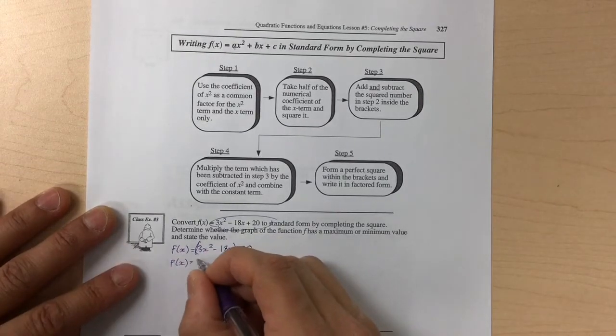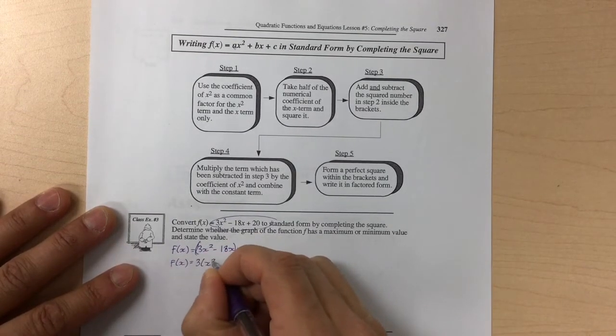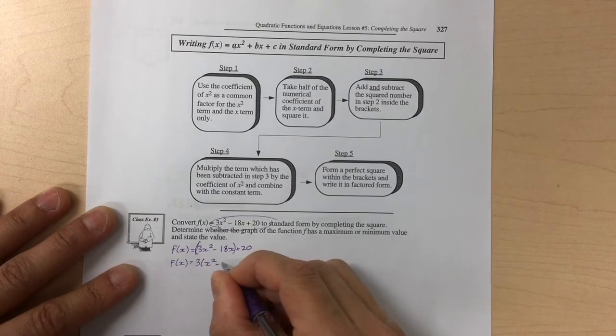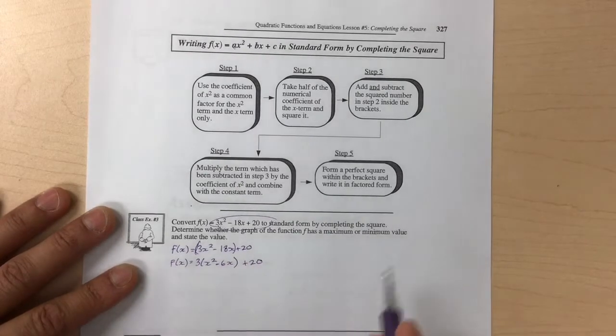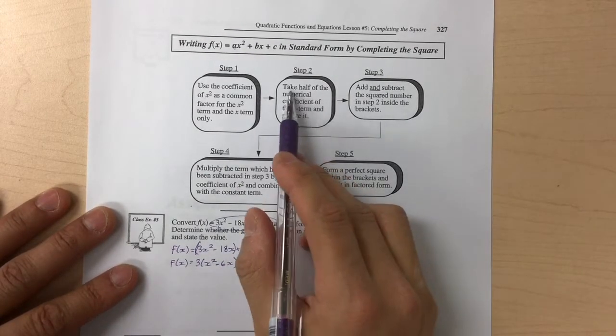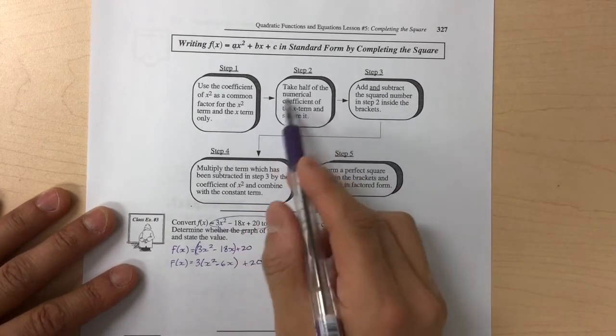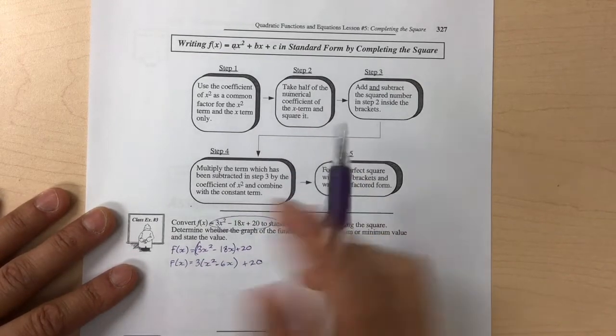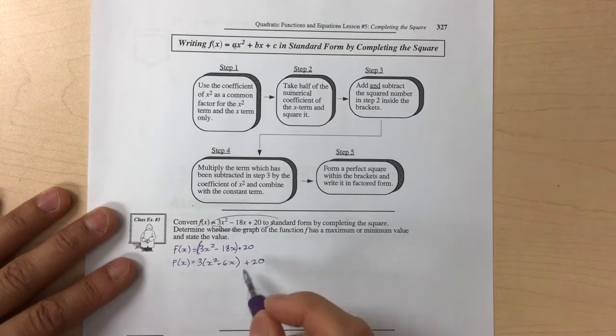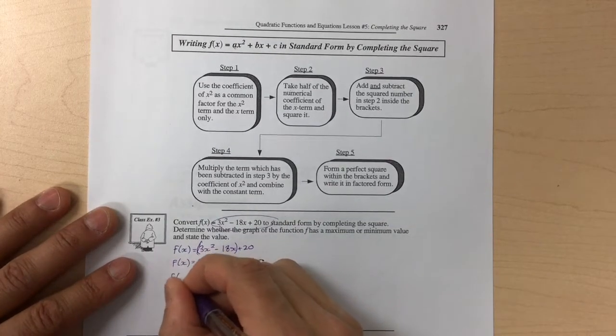So factoring that 3 out, I'm going to be left with x squared minus 6x, plus 20. Then I need to take half of the numerical coefficient of the x term and square it. So now I have to do what I did before, but remember, this is all taking place only in the brackets.